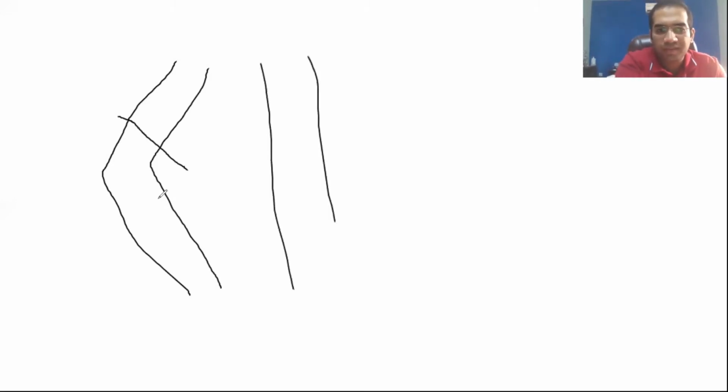In order to completely correct it, obviously you need to take out a wedge, because the correct bone will look like this. Okay, so the osteotomy should be exactly perpendicular to the long axis. It should be in this direction.